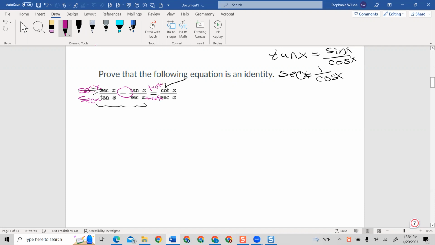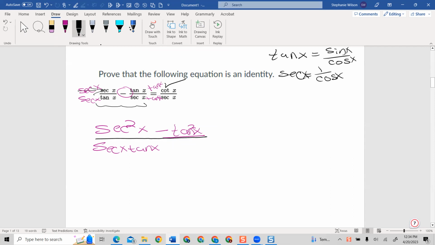Now I have secant times secant, which is secant squared x, all over secant x tangent x, minus tangent squared x over the same denominator, so I don't have to write it twice.